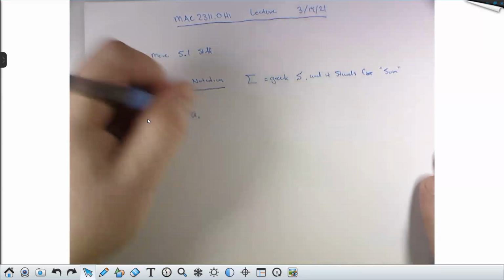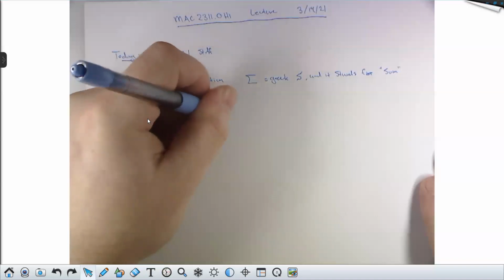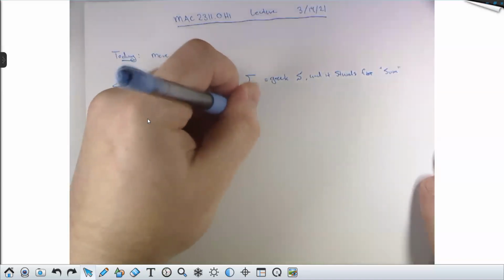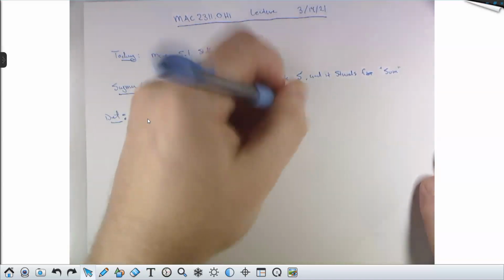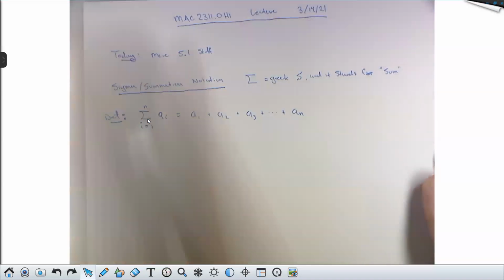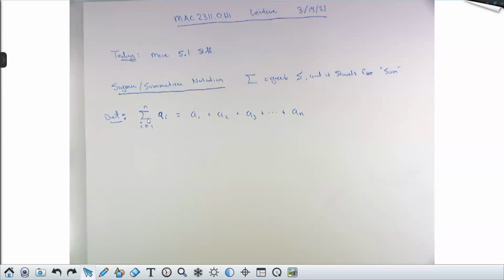So this would be a_1 plus a_2 plus a_3 plus a_4, a_5, a_6, whatever, all the way out to a_n, whatever n is. And I want to get a little bit of practice just evaluating these sums, writing things as sums. So let's jump right in and do a bit of that because you have some of these problems in your homework.